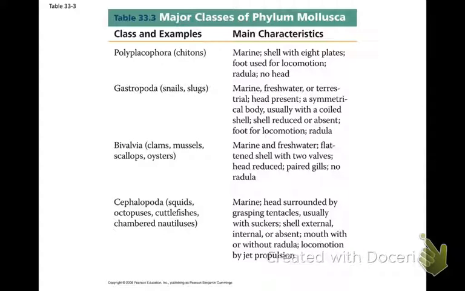The final class are the cephalopods, which include squids, octopus, cuttlefish, and nautiluses. The squids, octopus, and cuttlefish all are soft-bodied organisms, whereas the nautilus secretes a calcium carbonate shell. So these are marine organisms.